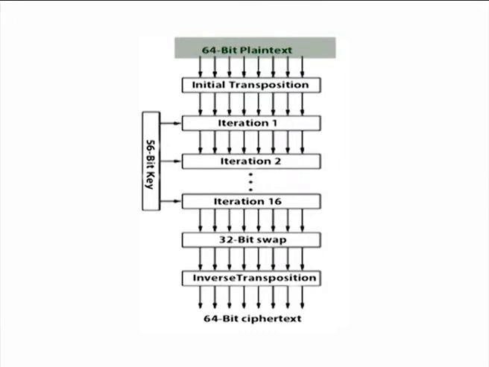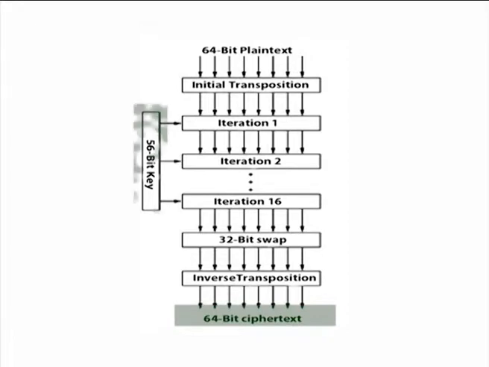Plain text is encrypted in blocks of 64 bits, yielding 64 bits of ciphertext. The algorithm, which is parameterized by a 56-bit key, has 19 distinct stages. The first stage is a key-independent transposition on the 64-bit plain text.